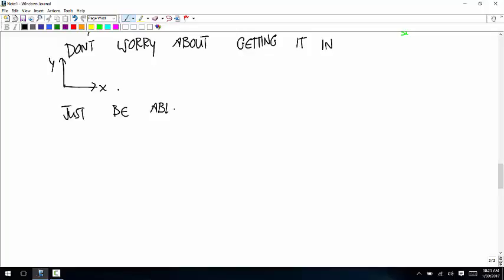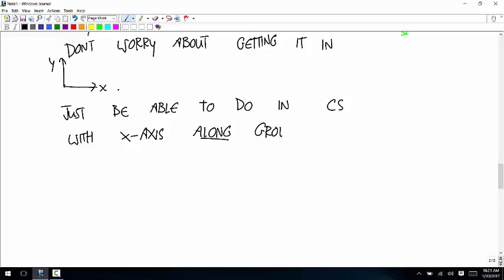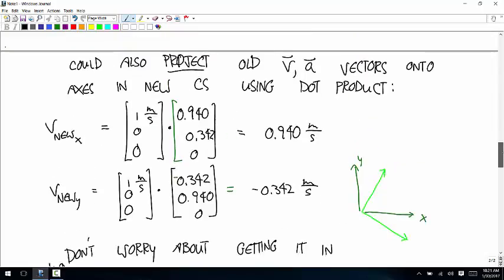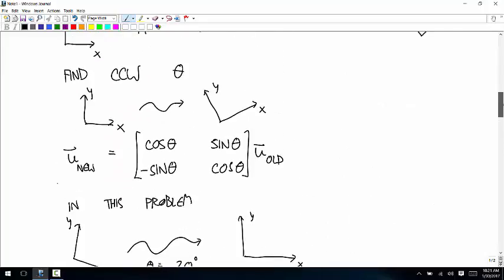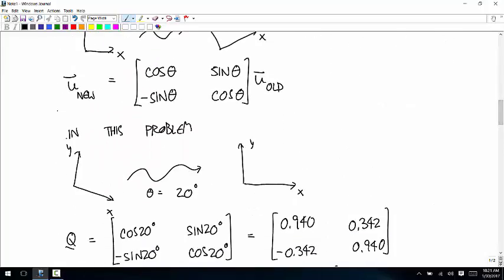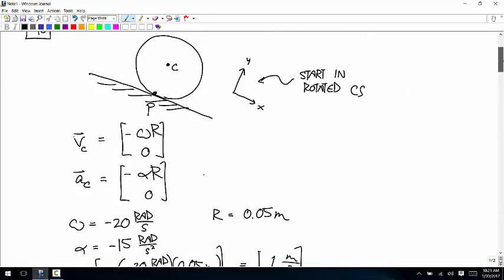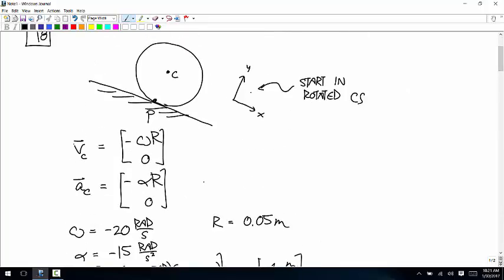Just be able to do problems like this in a coordinate system with the x-axis along the ground. The kind of question I would ask you would be just come up with the velocity and acceleration vector in this coordinate system that I've shown here.